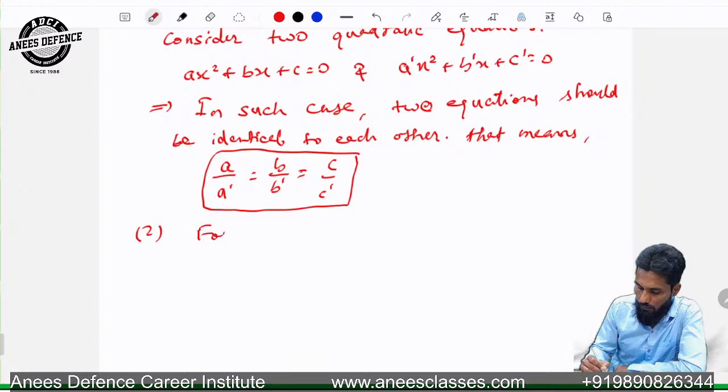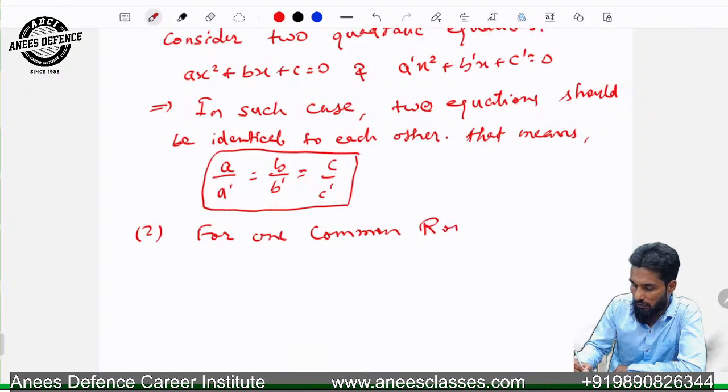For one common root, what will be the condition? This is going to be interesting. So try to understand this part.